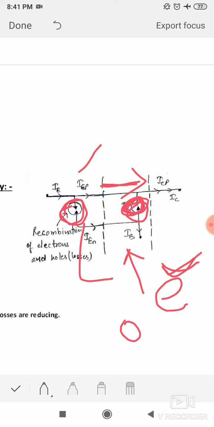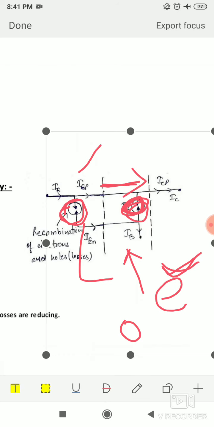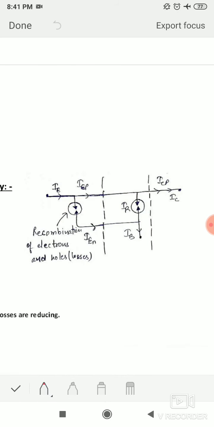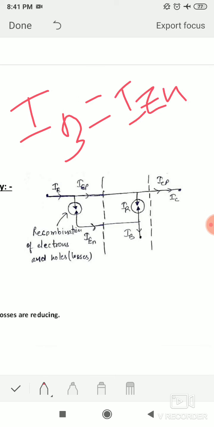This is the loss component. So we can say that IEB equals IEN plus IR.